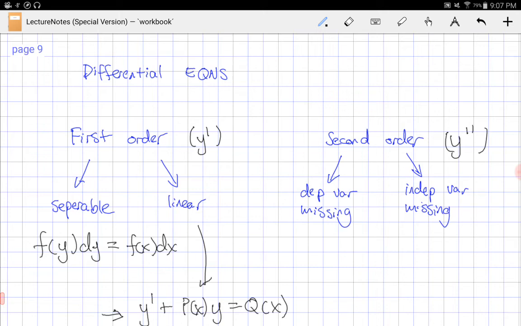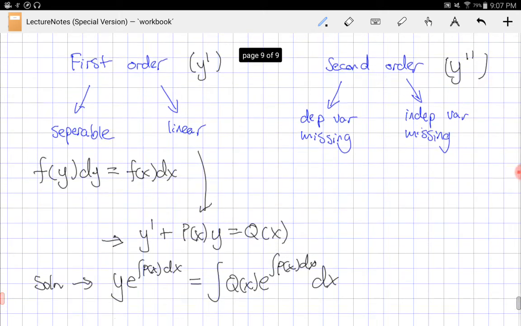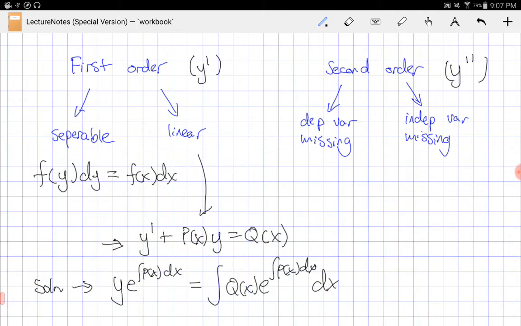Then on the other side, we have second order differential equations, which are also split into two main types for this course. Well, they're second order reducible differential equations. And the first type is that the dependent variable is missing, which also, I guess, if y is a function of x, then it means that the variable y is missing.